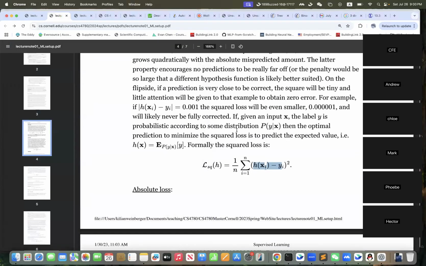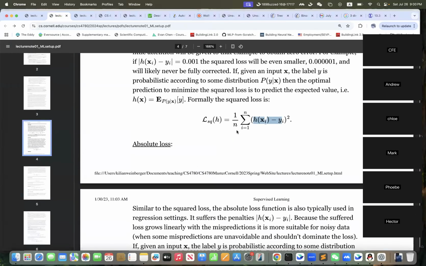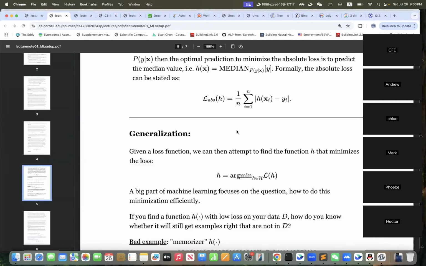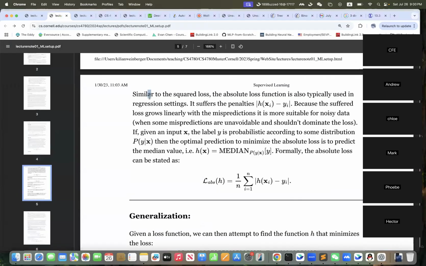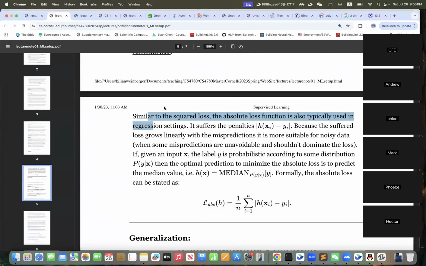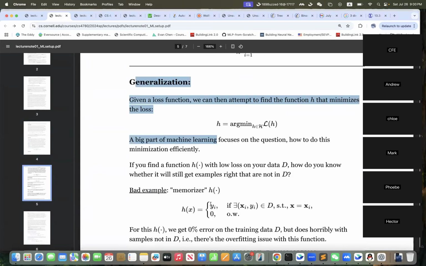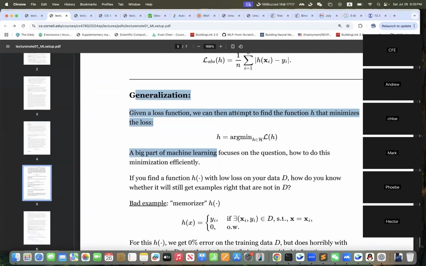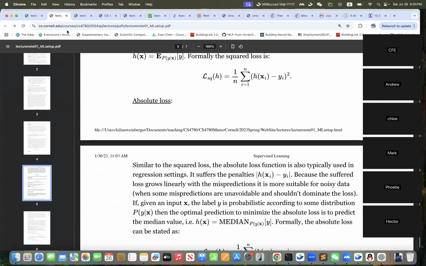In the second part of our lecture, we still have one absolute loss, which is quite similar to the above, and then I will go through generalization, because generalization is pretty hard to understand. So let's take a 10 minute break, and let me stop sharing for a bit.